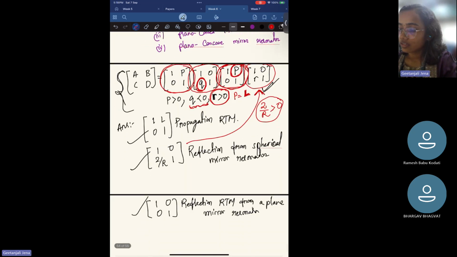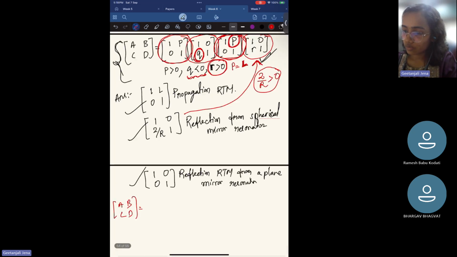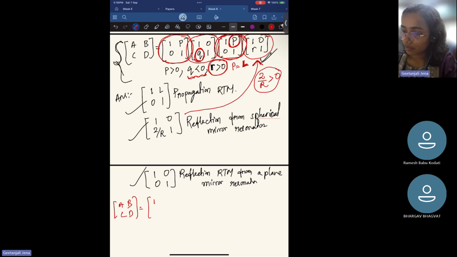So if I write down again, we get ABCD equal to 1, P, 0, 1, times 1, 0, Q, 1, times 1, P, 0, 1, and 1, 0, R, 1.